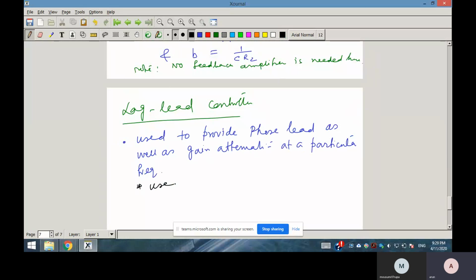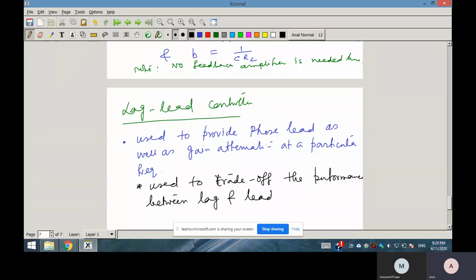Used to trade off the performance between lag and lead controllers.